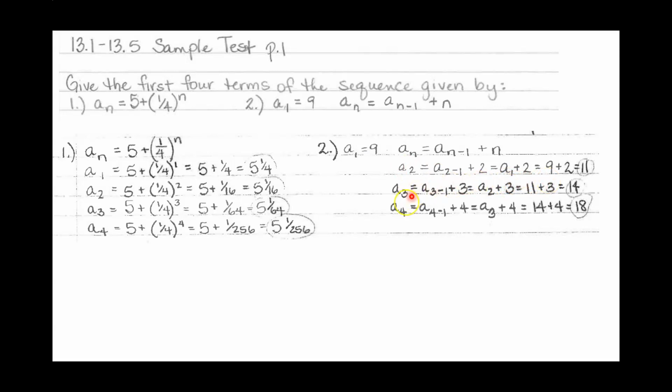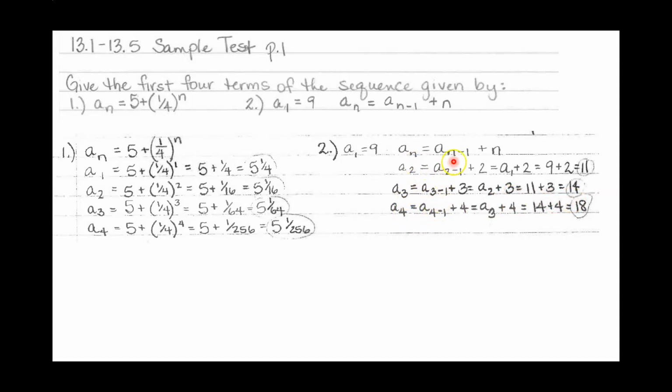All right, then we want to find the third term, a sub 3. So let's put 3 in for n. 3 minus 1 is 2, so that's going to be a sub 2 plus 3. A sub 2 just a second ago was 11, right? So that's going to be 11 plus 3, or 14. Then a sub 4, I'm going to put 4 in for n.